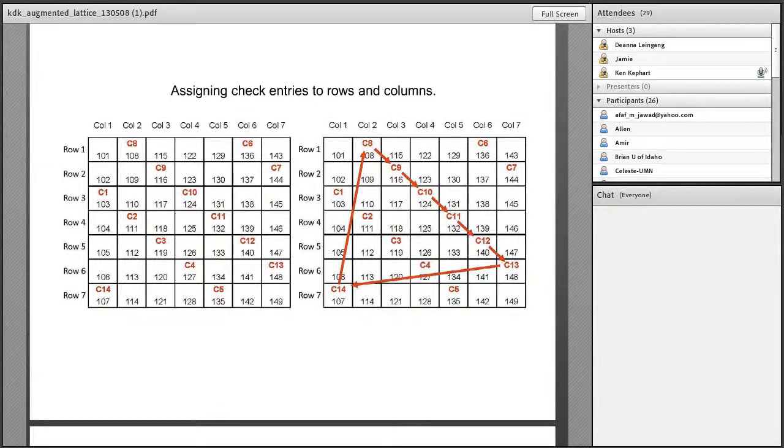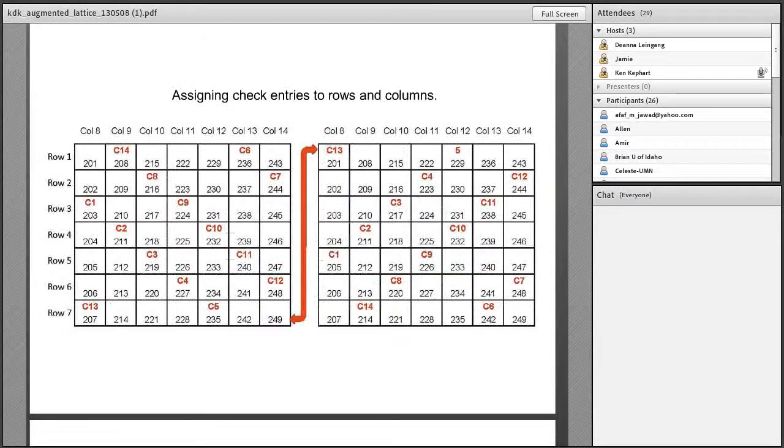And so what we've done is we've changed the pairing of the checks in each of those incomplete blocks, and that pair does not exist in any of the incomplete blocks in the first rep.